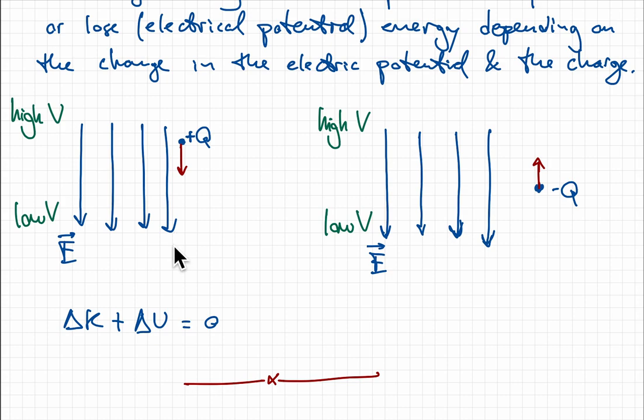So this charge is being attracted towards that negative charge that is somewhere out there. And the opposite happens here. This negative charge is being attracted to some positive charge that is out there generating this electrical field. No matter what the situation, though, the kinetic energy change plus the potential energy change will always be equal to zero. So in other words, kinetic plus potential is the conserved quantity.